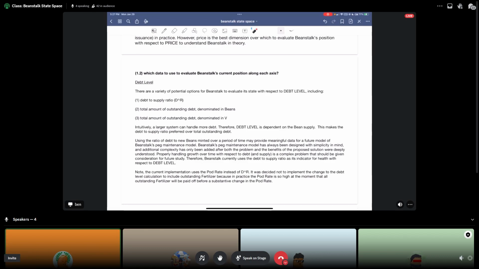So it makes sense to denominate the debt, or to measure the debt level in terms of supply. So using the debt to supply level is probably Beanstalk's best option as we understand things today. So the debt to supply ratio, in addition to price, those are the two axes that Beanstalk uses in the current peg maintenance model.